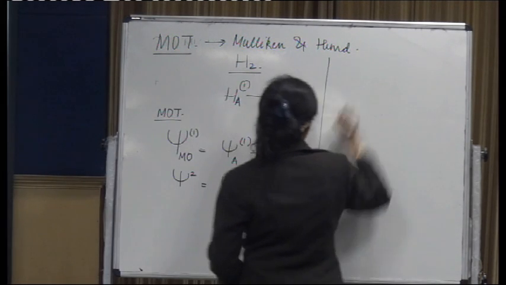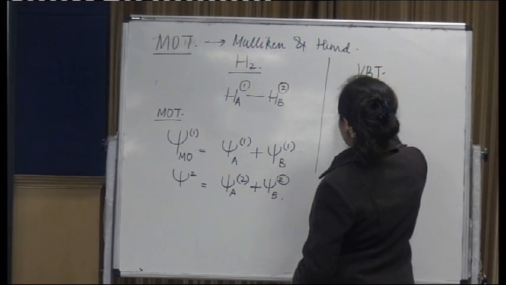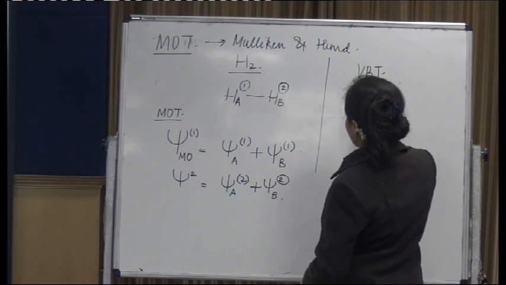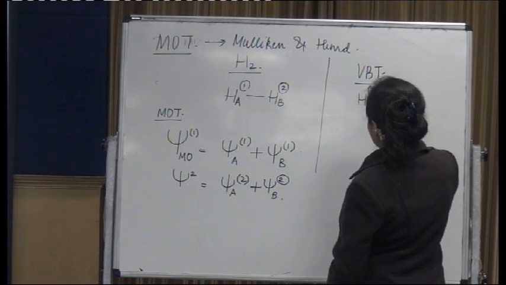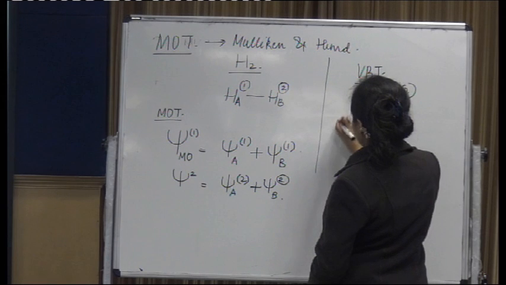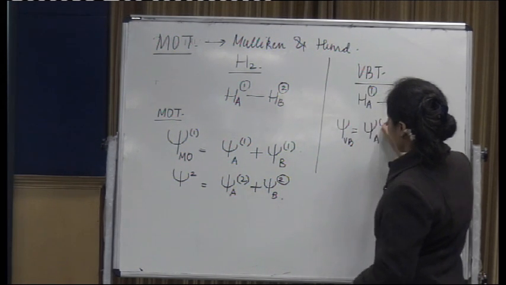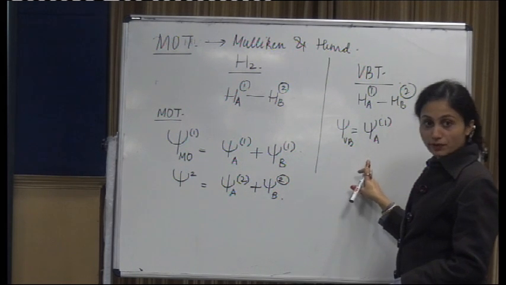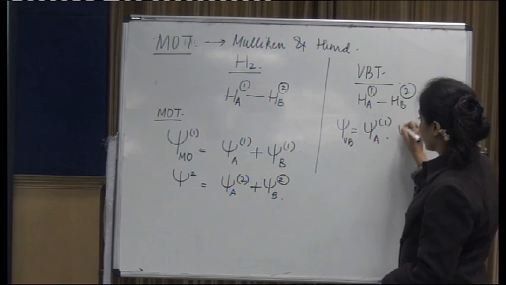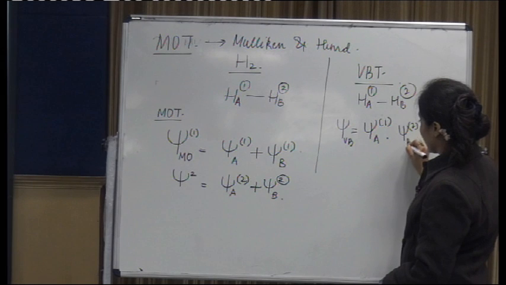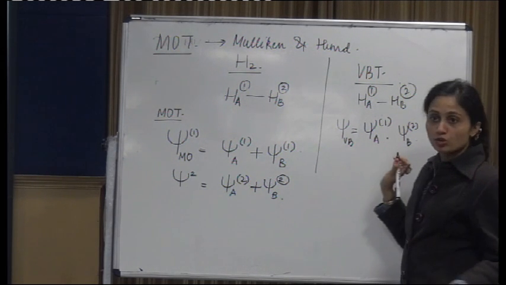What was the difference in the case of valence bond theory? In valence bond theory, when we talked about the hydrogen molecule, I stated that the total wave function will be one in which one electron is associated only with A and the second electron is associated only with B. So each electron with its own atom.